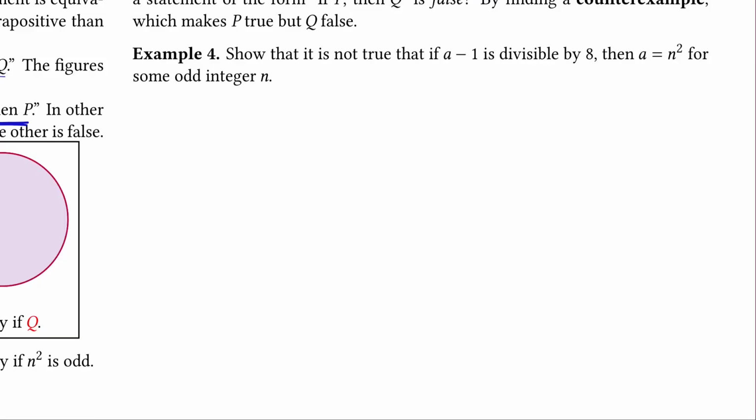So let's look at a statement that is not true. The statement is: if a minus 1 is divisible by 8, then a equals n squared for some odd integer n. Okay, so we're going to do some scratch first to just think about it.